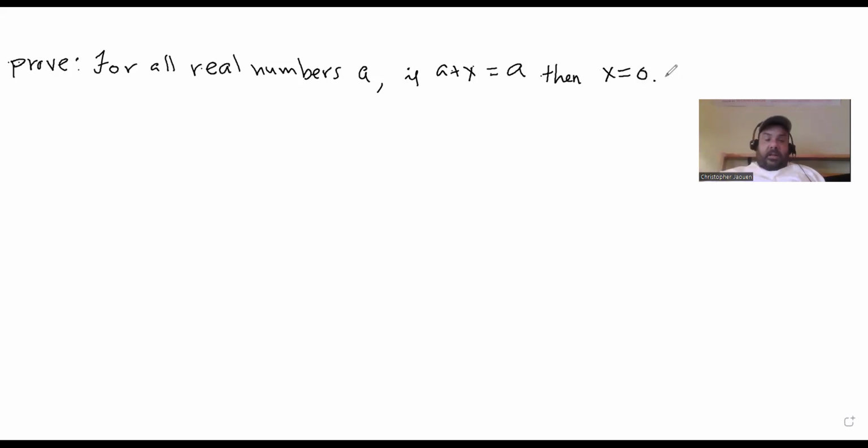So this is sort of like a feature that characterizes the number 0, right? Again, if you add anything to 0, it doesn't change the value. Using the first 3 axioms, we can do this.